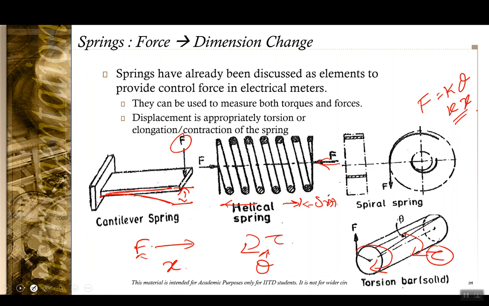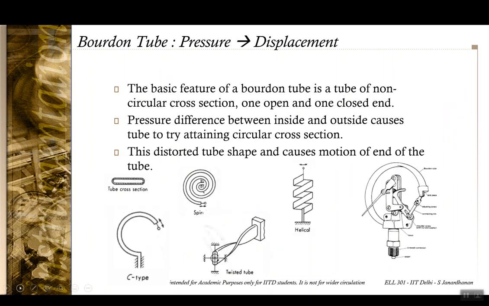Next, we have the concept of a Bourdon tube. The Bourdon tube is basically a tube which has one end that is open and the other end closed.